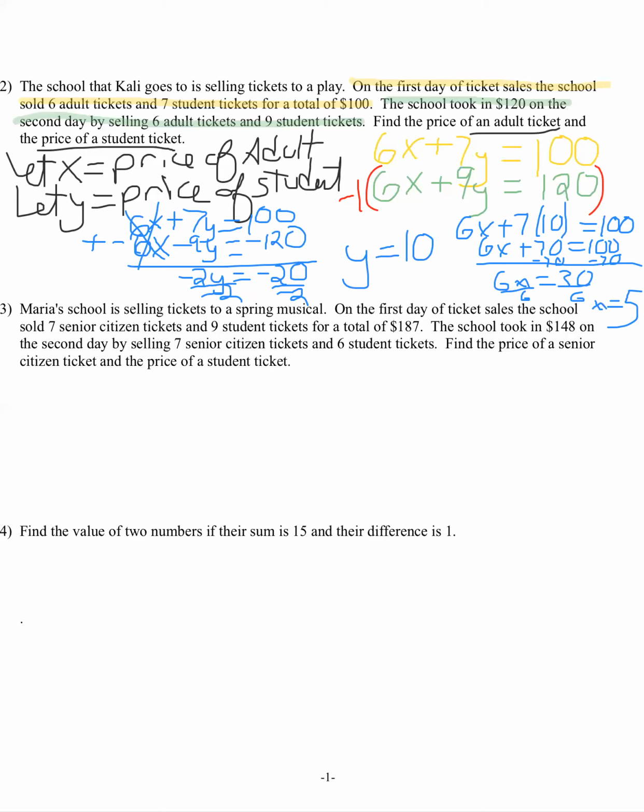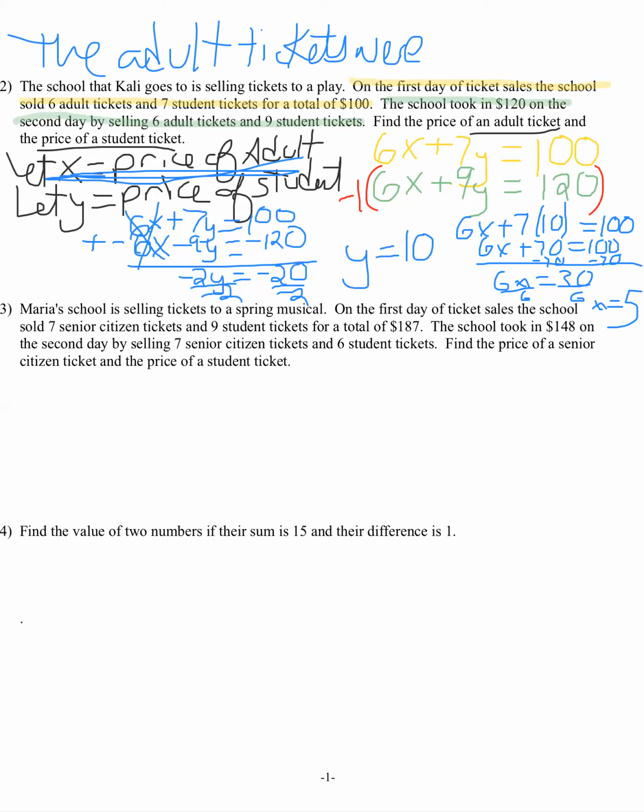Okay, awesome. So then you're just going to find somewhere to squeeze in. Remember that x was the price of an adult ticket. So that means the adult tickets were, they're X, and they're $5.